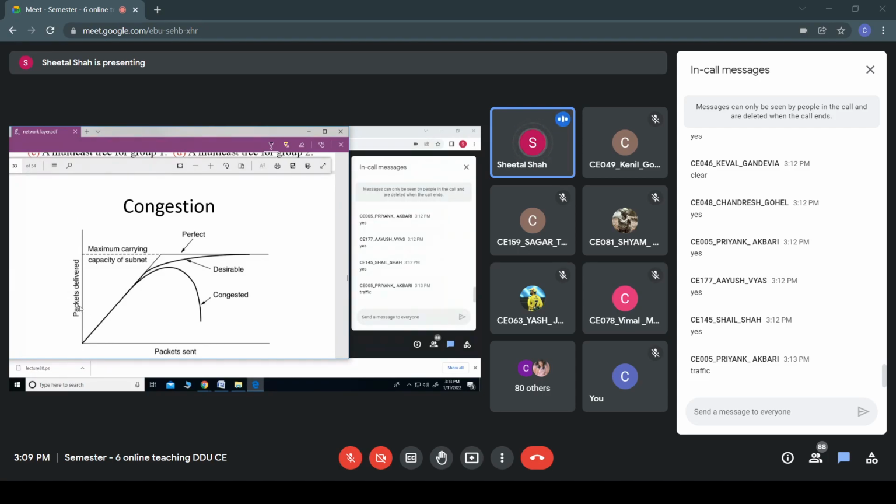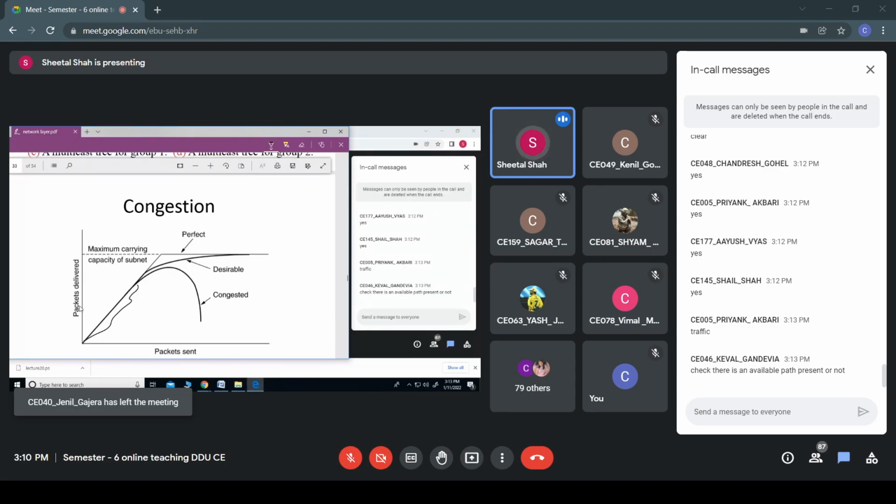So you can see here this part of the graph, the packets. Congestion doesn't mean whether an available path is present or not.